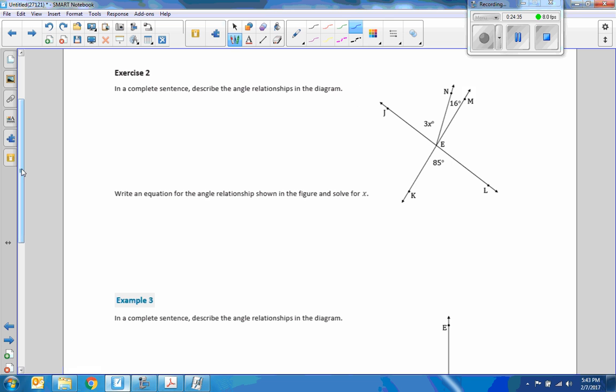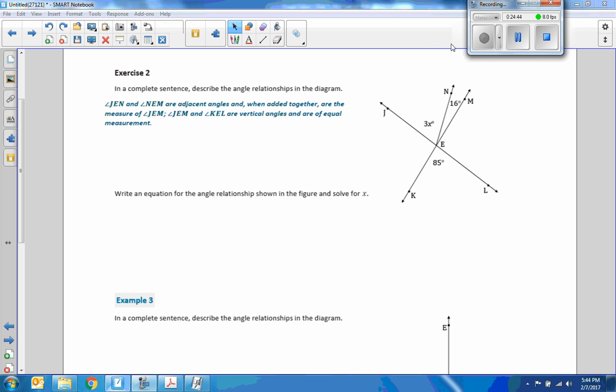Okay. Exercise 2. In a complete sentence, describe the angle relationship in the diagram. Here's our diagram. And as I've done before, I'm going to color code these for you to help you out.